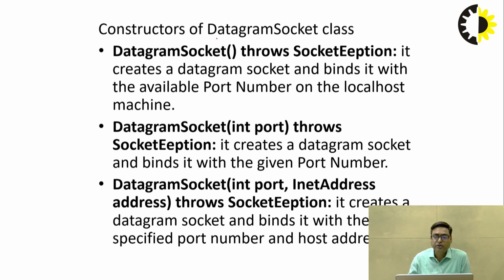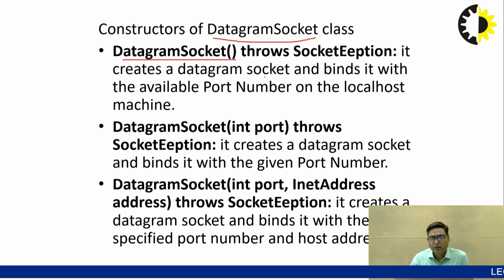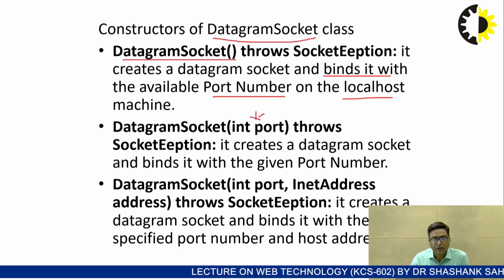Now in the case of the DatagramSocket class provided by Java, there are three important constructors. One is the DatagramSocket constructor without parameters, which binds with a port number on the local host machine. Second, you can assign the port number yourself.